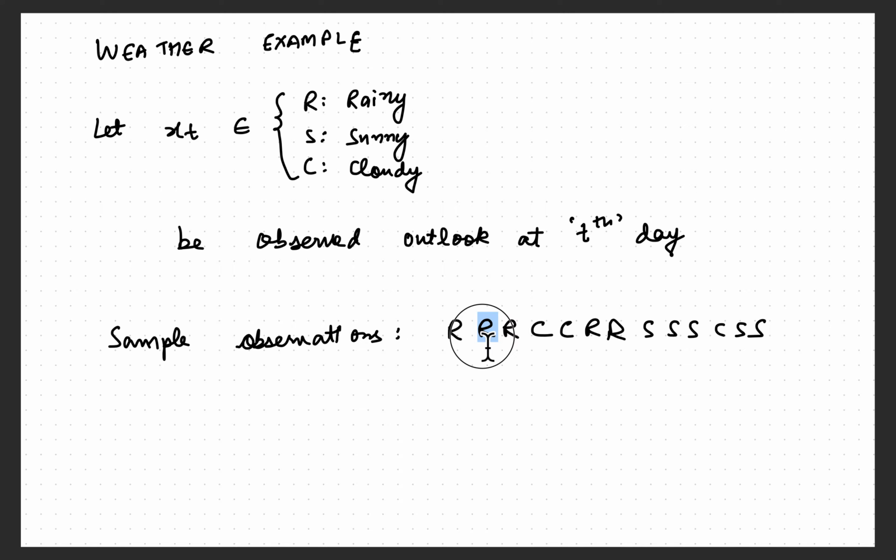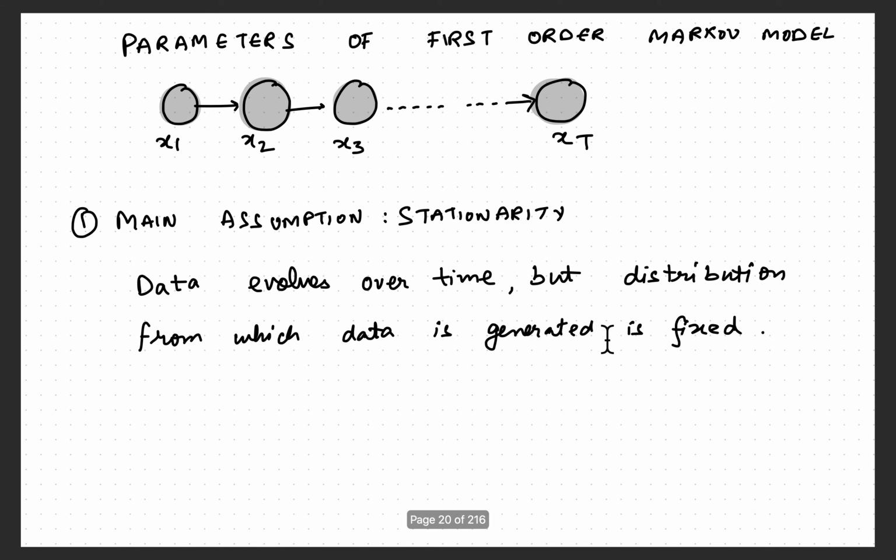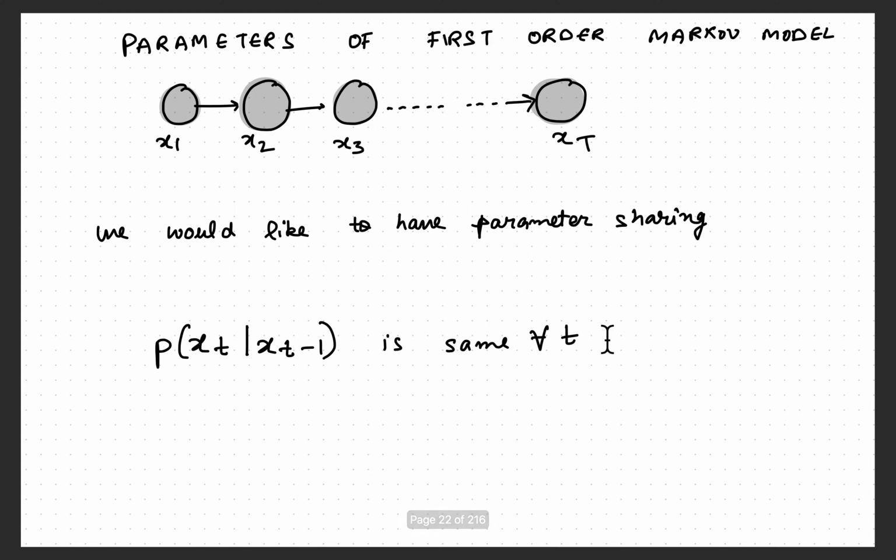So the probability that it rains on day 2, given that it rained on day 1, we'll want that to be the same as the probability it will rain on this particular day, given that it rained on the previous day. So this is all there is to what we just discussed, that the probability of xt given xt minus 1 is the same across all t, which basically means that the parameters are shared and these are independent of the notion of time. Right?